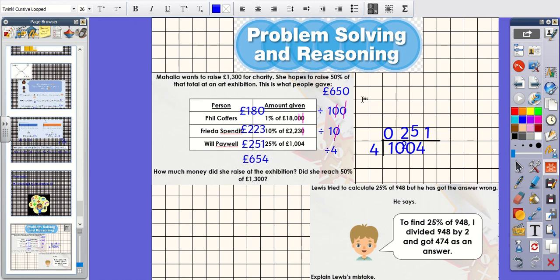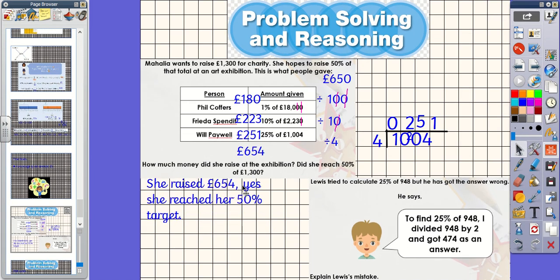Did she reach 50%? Yes, she did. She reached her 50% target. Okay, don't forget, always show your working out as well.